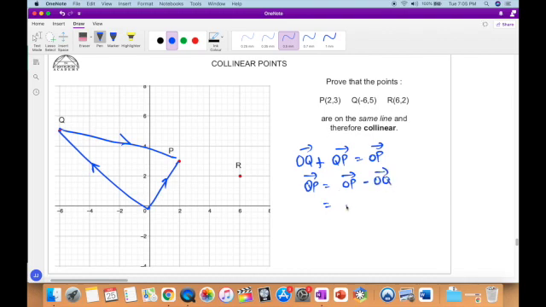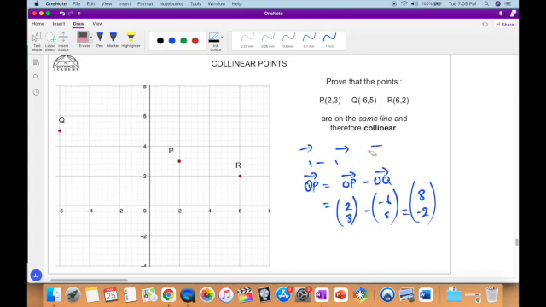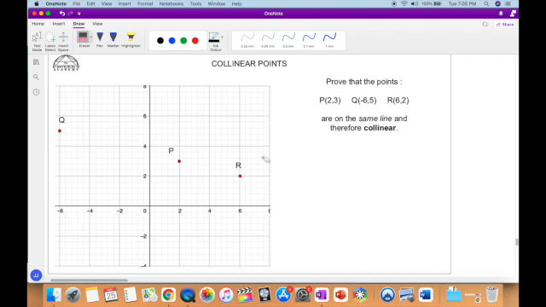So OP is 2, 3, that is the position vector, minus OQ, which is -6, 5. And look at what we end up getting. 2 minus -6 is positive 8. 3 minus 5 is negative 2. So we could have used the position vectors, or we could have just looked at the points, or we could have looked at the graph like what we did.